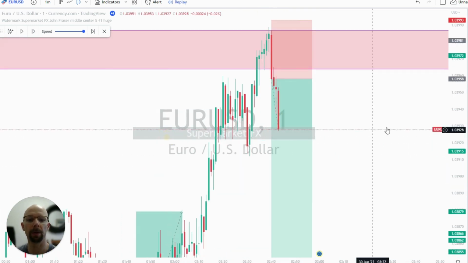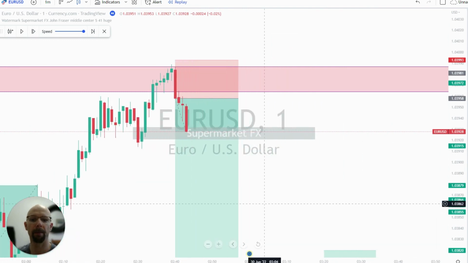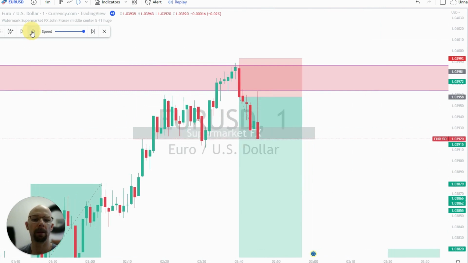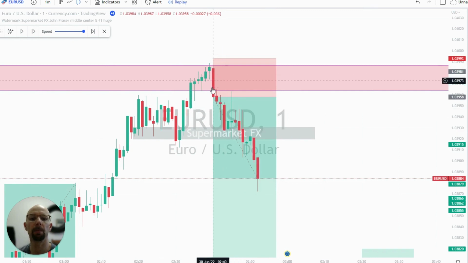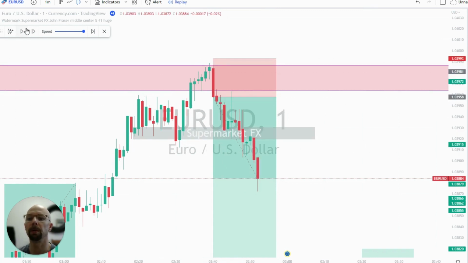So we were able to get into this. You would have already taken partials and moved your stop loss to break even because you've already reached a 1-to-1.